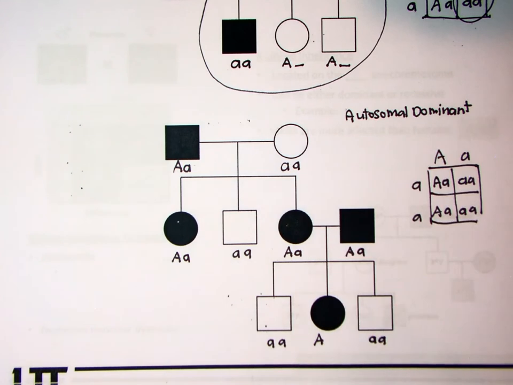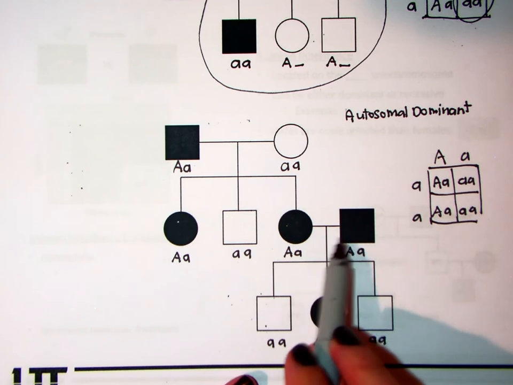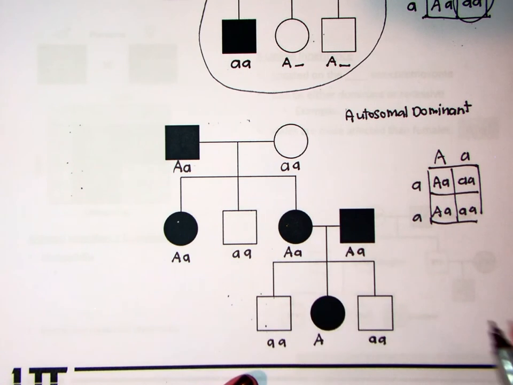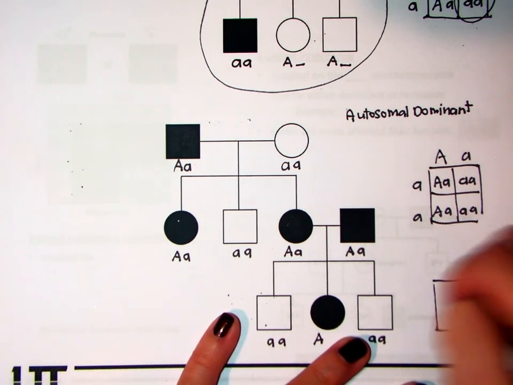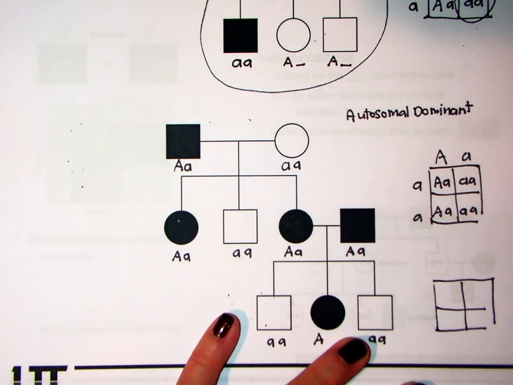Okay, now these 2 affected individuals mated. And it looks like, let's do a Punnett Square for this generation as well. Big A, little a, little a.